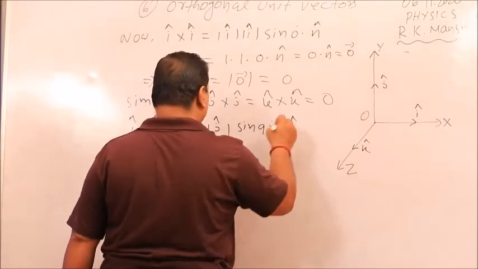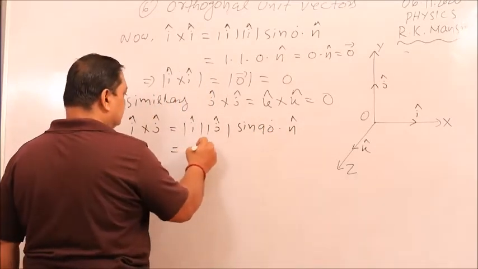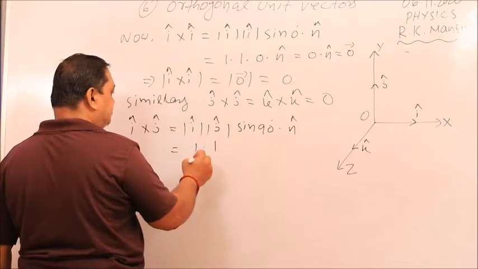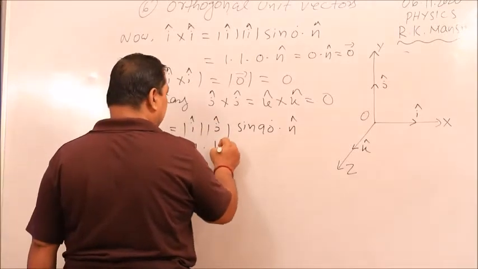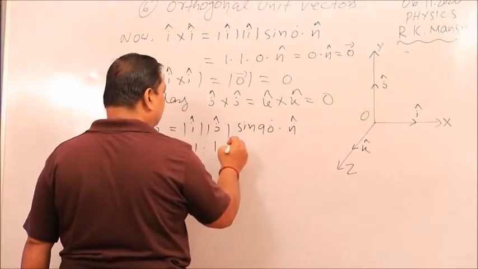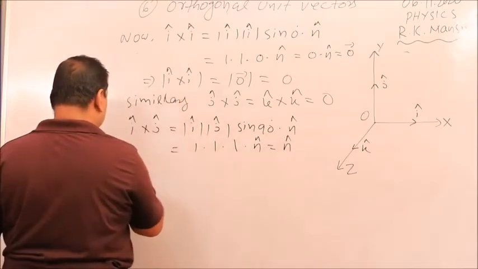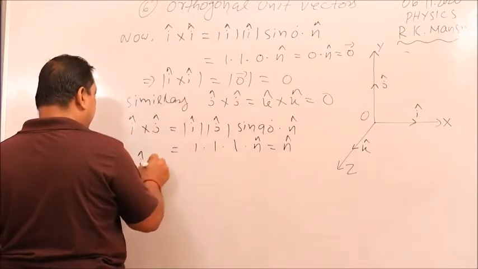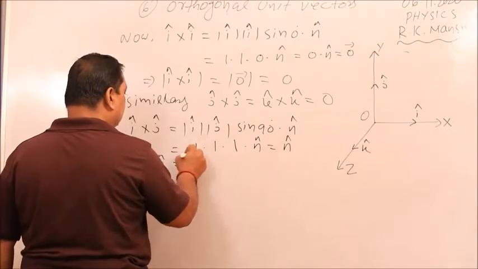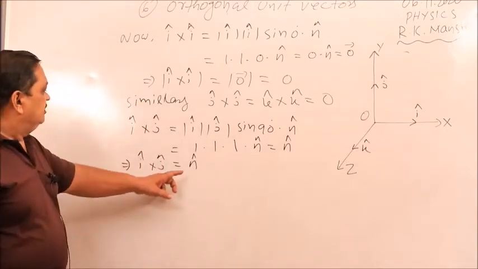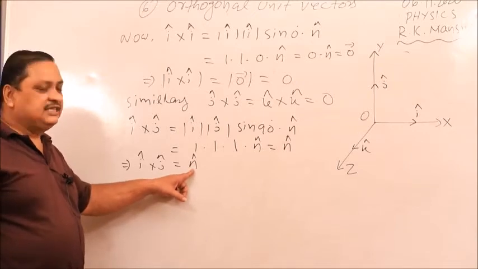So sin 90 n cap. Here modulus is 1, magnitude of j cap is also unit vector, modulus is 1, sin 90 is 1 and n cap. So finally n cap. Implied i cap cross j cap equal to n cap. So this is not the final answer.